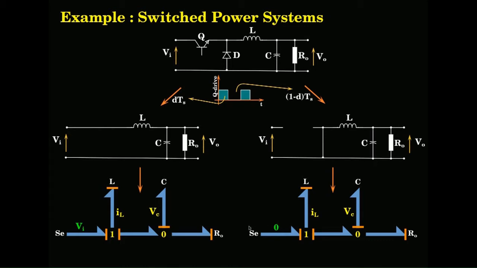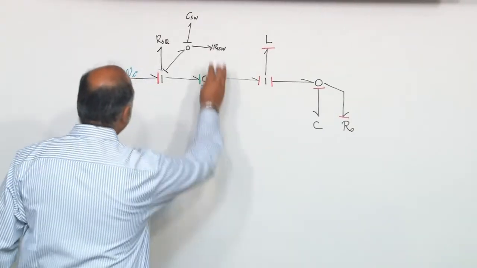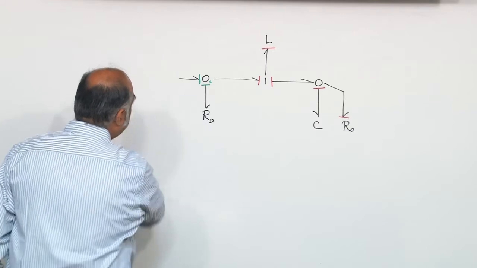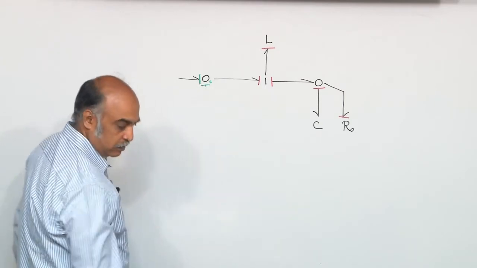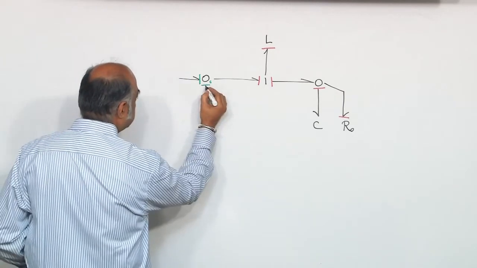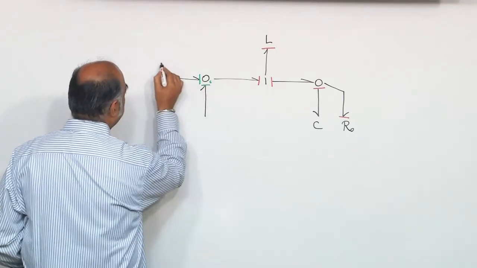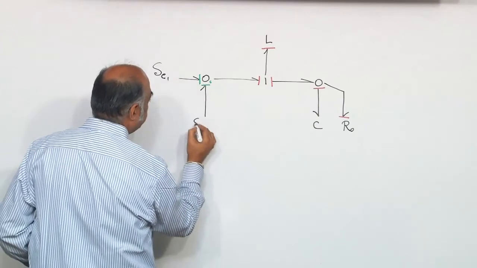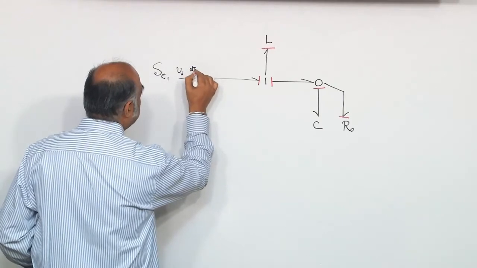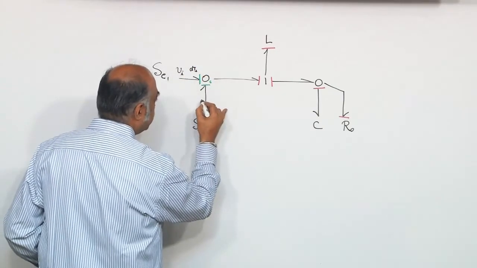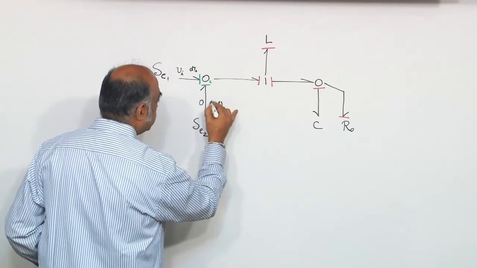So, I am having a 0. Remember, you see that this is equivalent to saying that I am having a switched junction, as though like this, SE1, SE2, where I am feeding Vi for dTs time, and I am feeding 0 during 1 minus d Ts time.